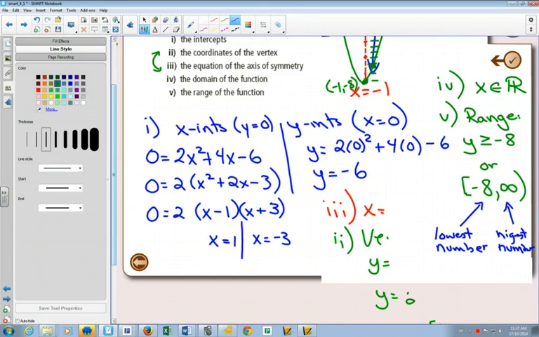This square bracket means that that value is included, and a round bracket means not included, and you never include infinity. So whereas y is bigger than or equal to negative 8, that is saying start at negative 8 and keep going on forever, bigger than that. This says the same thing. Start at negative 8, that's my lowest number. Keep on going, and the infinity sign means keep on going forever.